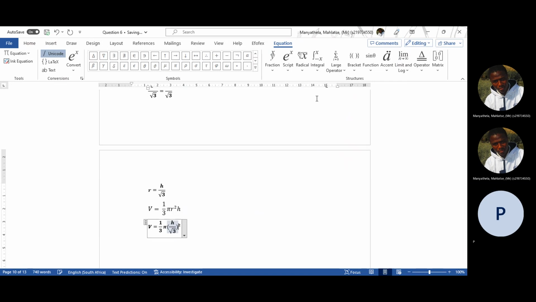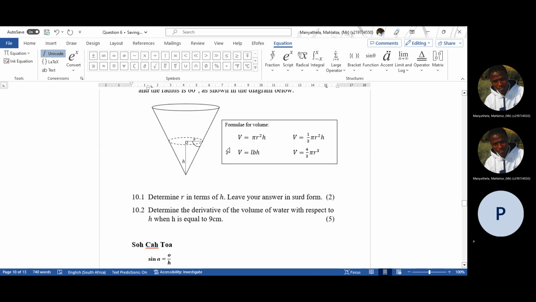So H over root 3 squared, multiplied by the height. Bear in mind that now we're dealing with this question.